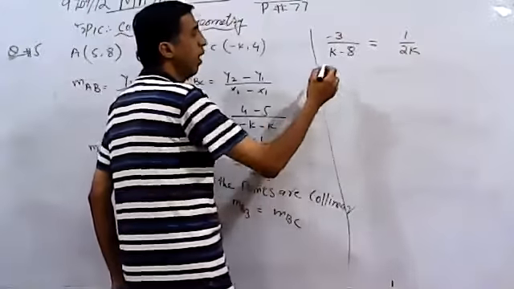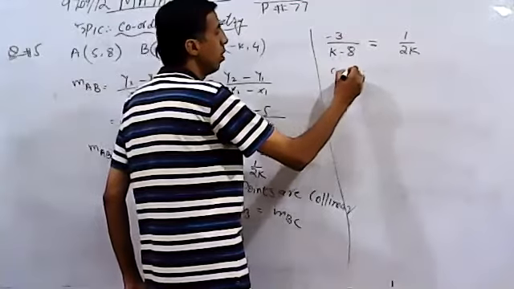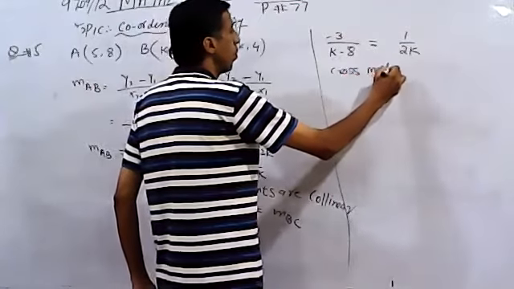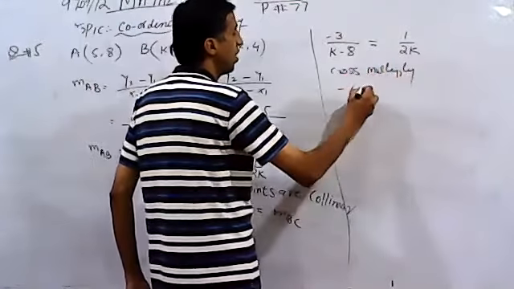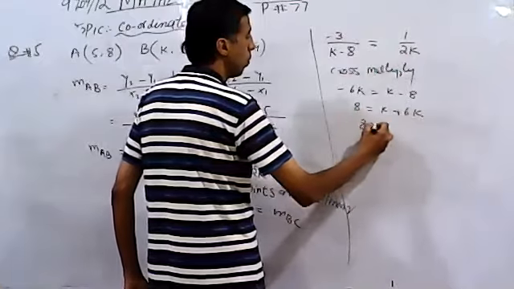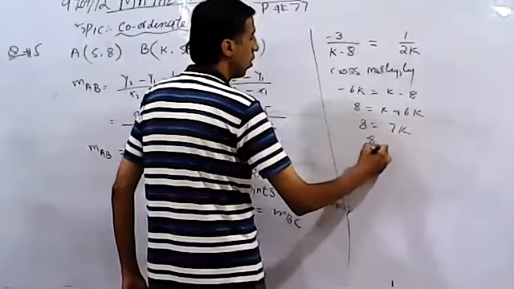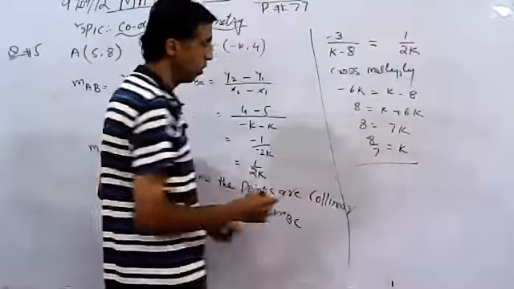Now we will cross multiply. Minus 6k. Now rearrange. You will get the value of k.